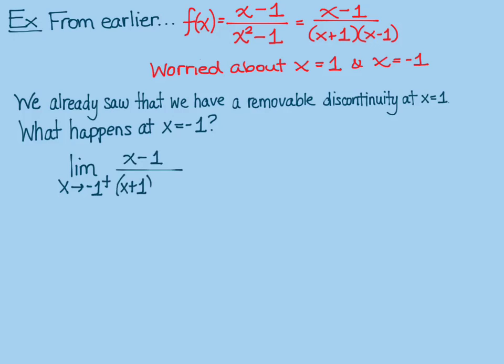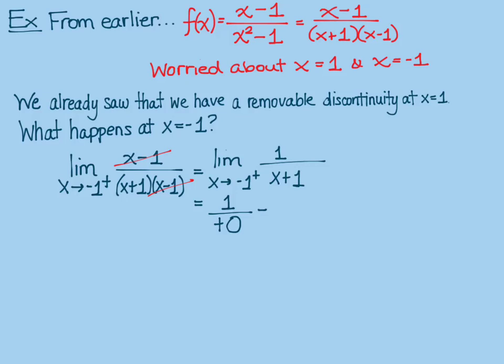The limit as x goes to negative 1 from above. Let's see, so we're going to simplify it to 1 over x plus 1. But when I try to plug in negative 1, I get 1 over a very tiny positive number. So that goes to positive infinity.